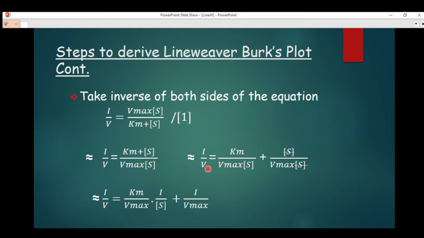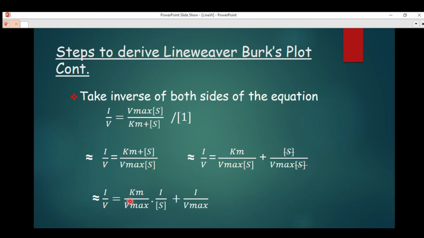So we have 1 over V equals Km divided by Vmax times S, plus S divided by Vmax times S. As you can see, we have substrate concentration times another divided by substrate concentration, so they cancel each other. This gives us 1 over V equals Km divided by Vmax times 1 over S, plus 1 over Vmax.